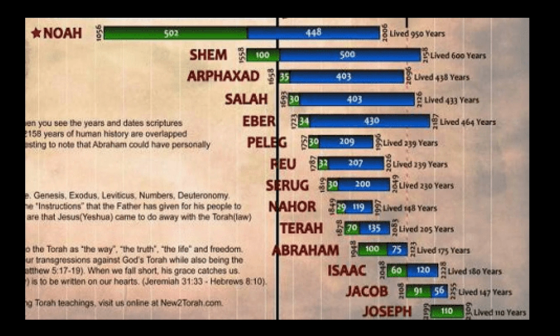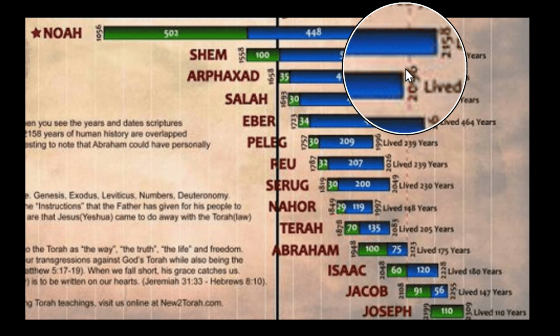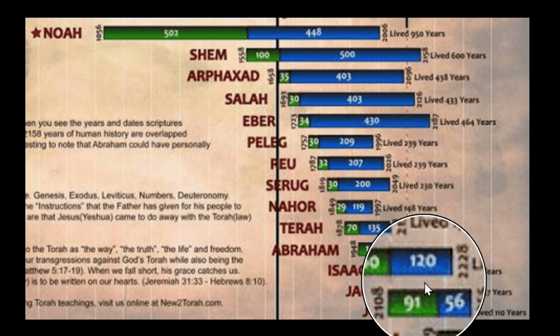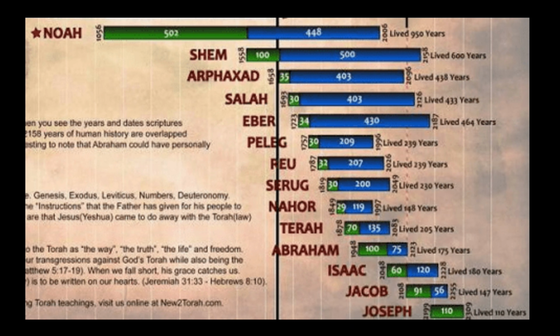In fact, Shem, Noah's son, is around to see all the way to the days of Jacob. So when we think about Jacob, later on in Genesis, and the family traveling to Egypt and all of that, it's kind of a little mind-boggling to think about Shem still being around on the earth at that point, but that's what you have.